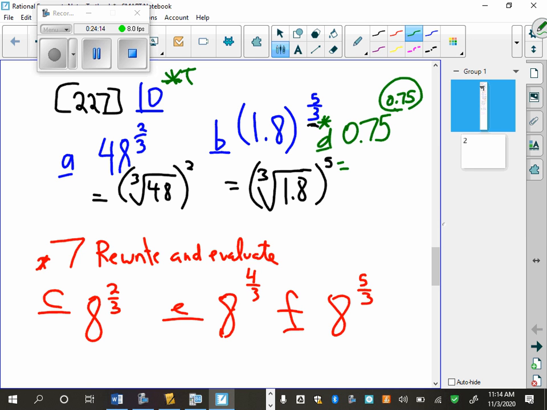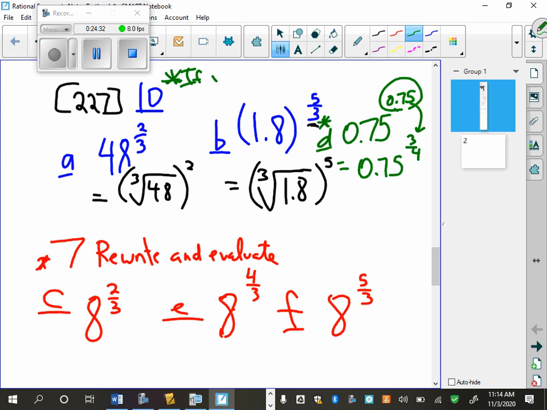3 over 4. Very good. Okay, so exactly what you have to do when you have a decimal exponent, you turn it into a fraction. Awesome job. So let's write that down.